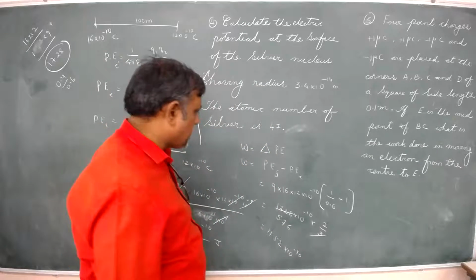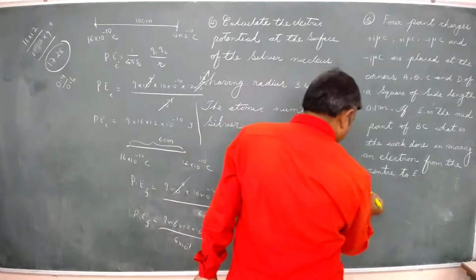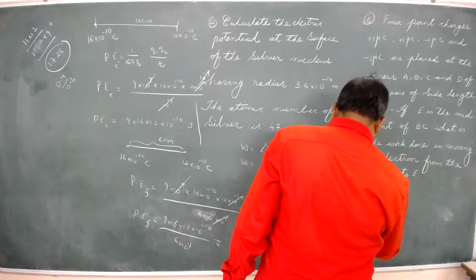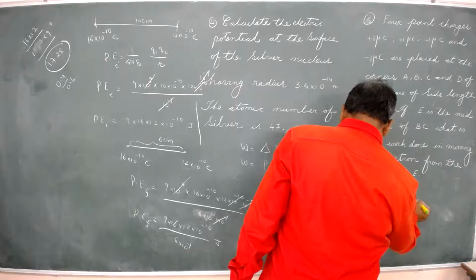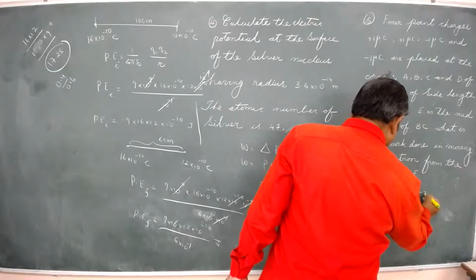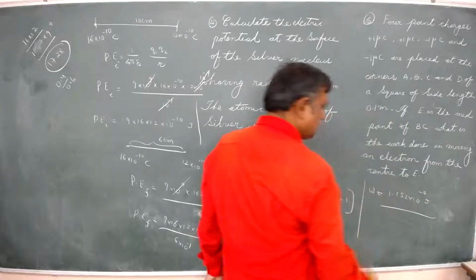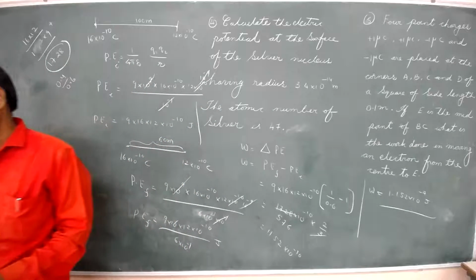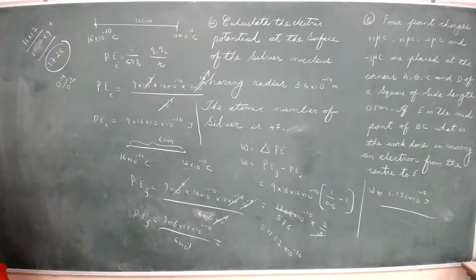Okay, but the standard representation is work done is equal to 1.152 into 10 power minus 7 joule. Understood? Like this. So there is a way how we have to work out the problem.